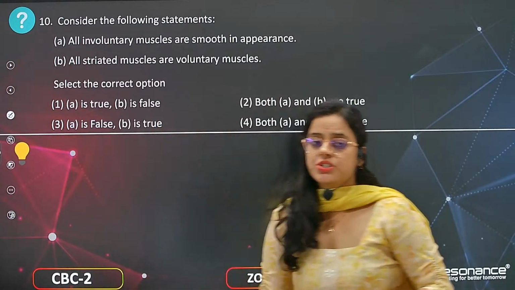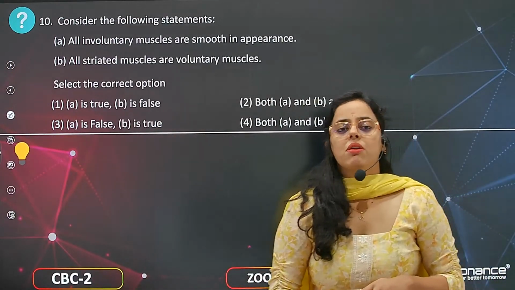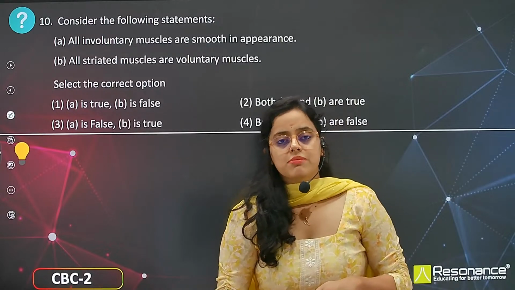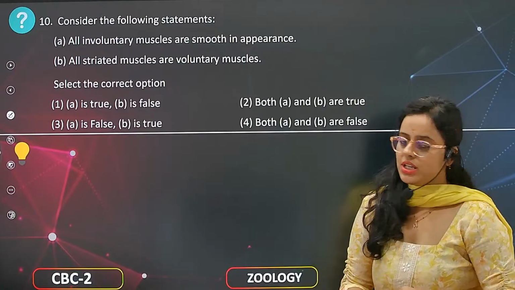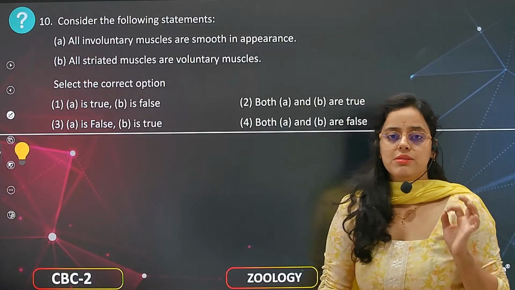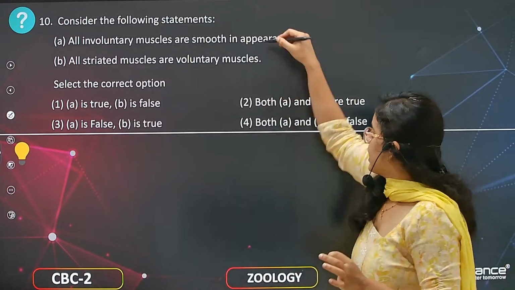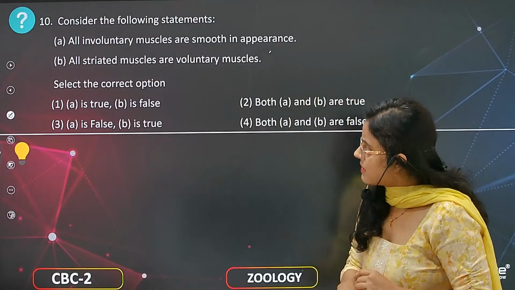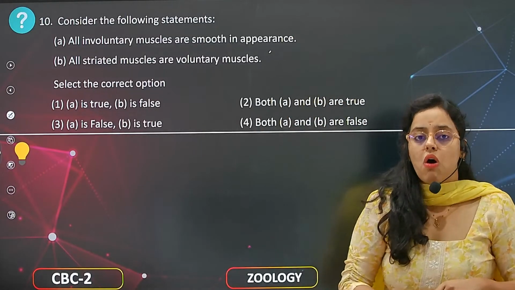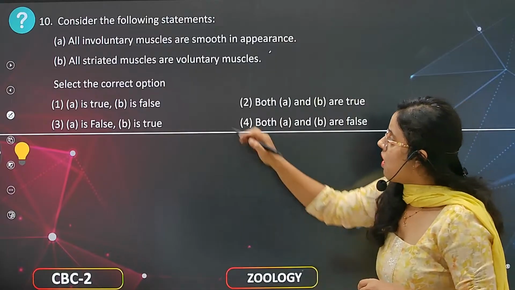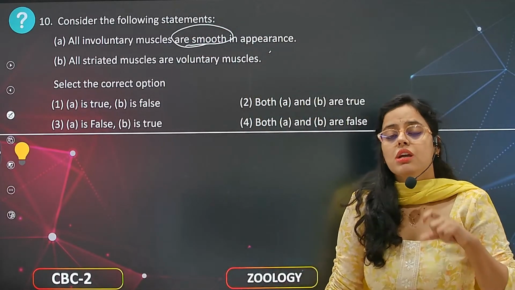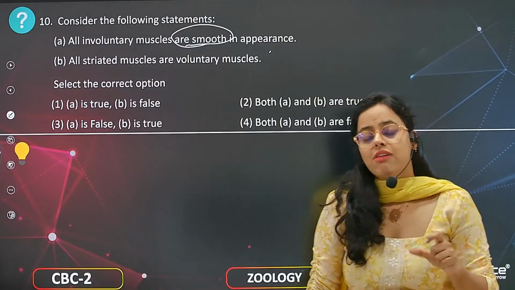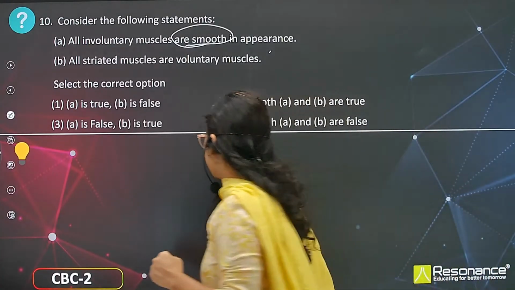Now coming to question number 10, consider the following statements. All involuntary muscles are smooth in appearance. All striated muscles are voluntary muscles. So are all involuntary muscles smooth in appearance? No, not always. Not all involuntary muscles are smooth. Why? Because cardiac muscles again have light and dark bands.